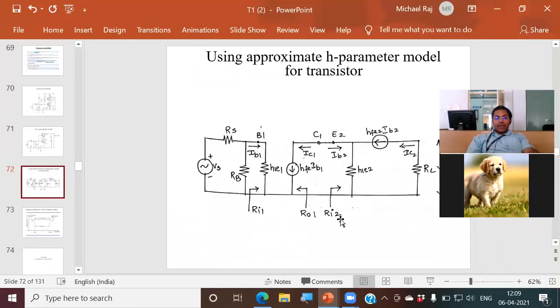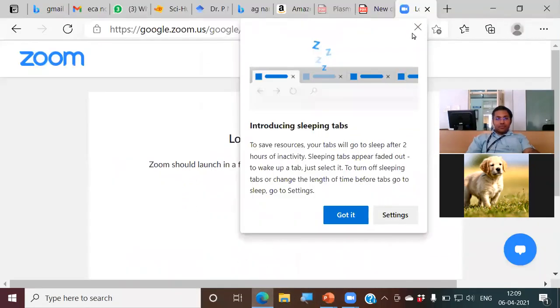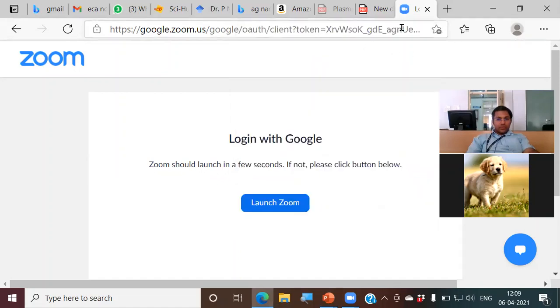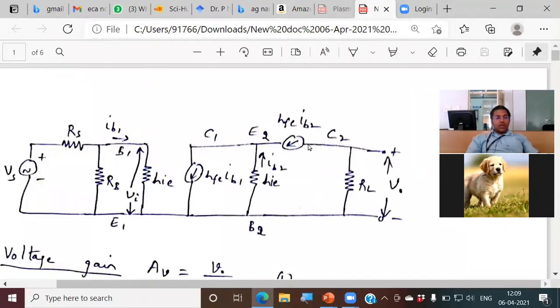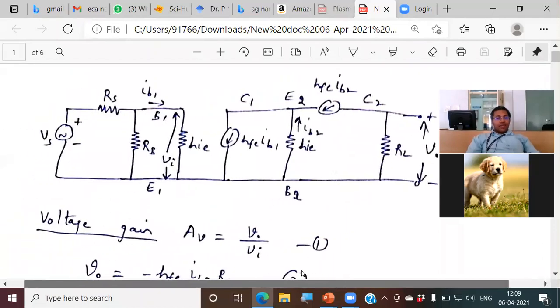Now, in order to make the understanding easy for you, I have redrawn this and analyzed step by step in a separate document so that it is very easy for you to understand. The same circuit I have redrawn here.